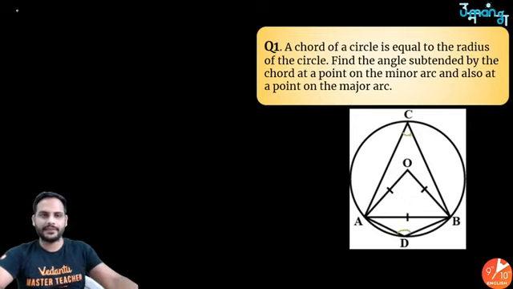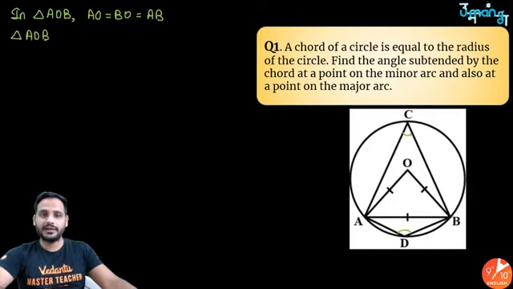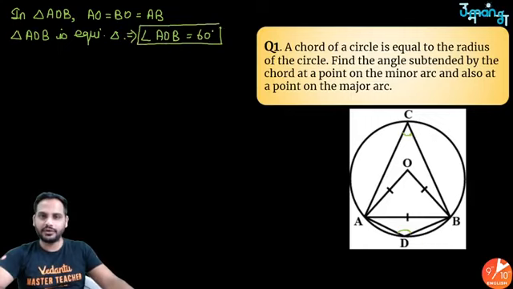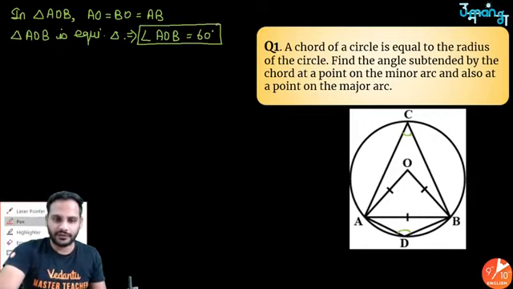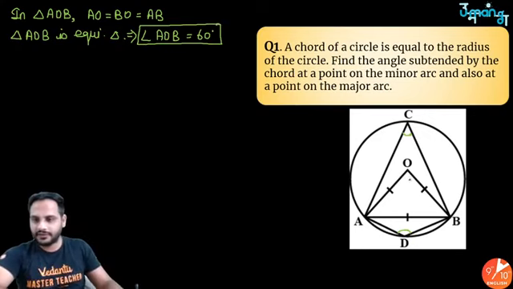So first thing, I can say, sir, in triangle AOB we have AO is equal to BO is equal to AB. If it is true, that means AOB is an equilateral triangle, and I can say angle AOB is equal to 60 degrees because all the angles in an equilateral triangle are equal to 60 degrees.